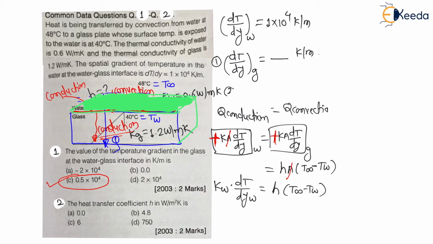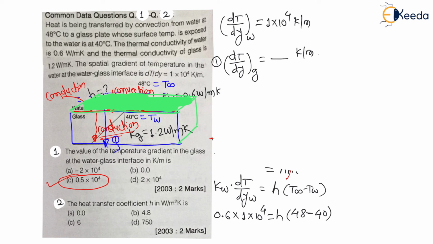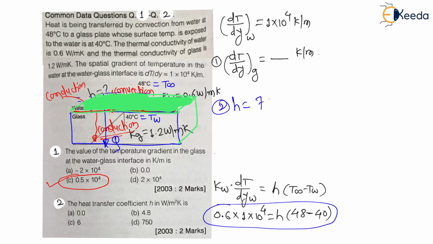So let us put the values: thermal conductivity of water is 0.6, into temperature gradient in water 1 into 10 to the power 4, is equal to h into (48 minus 40). In this equation only h is unknown, so let us simplify it for h. I think the answer for this question is 750 watt per meter square Kelvin. Looking at the options again, option D is the correct one.